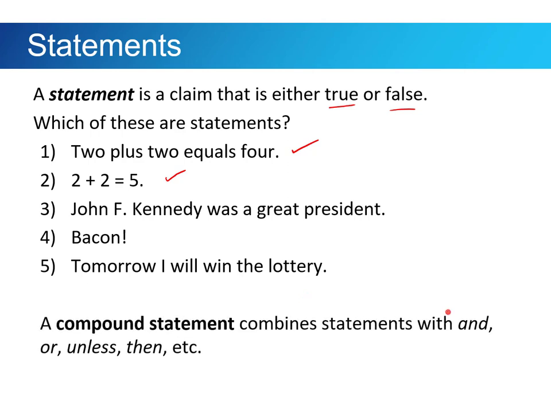Now, a compound statement combines statements with and, or, unless, then, etc. So for example, you could say, tomorrow I will win the lottery and 2 plus 2 equals 4. Yeah, that's one thing you could say. Or 8 is an even number, or elephants have trunks.